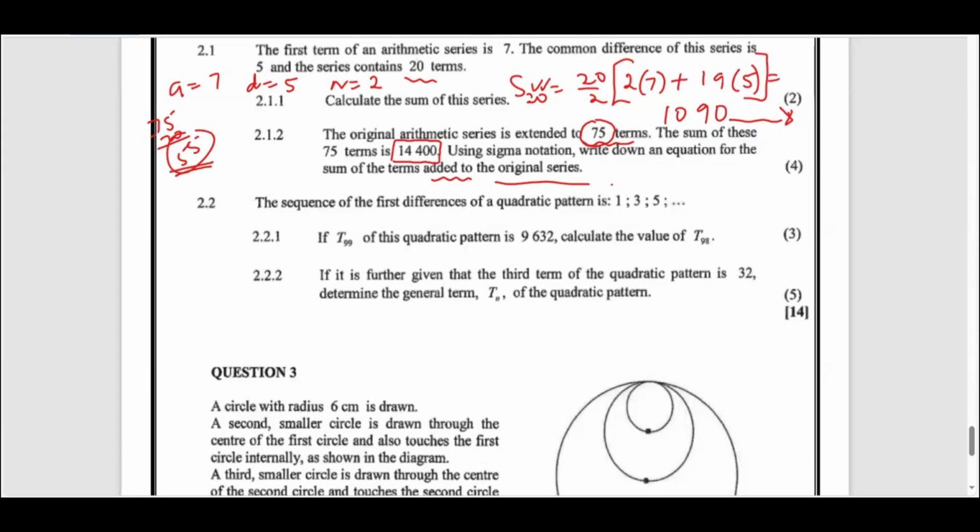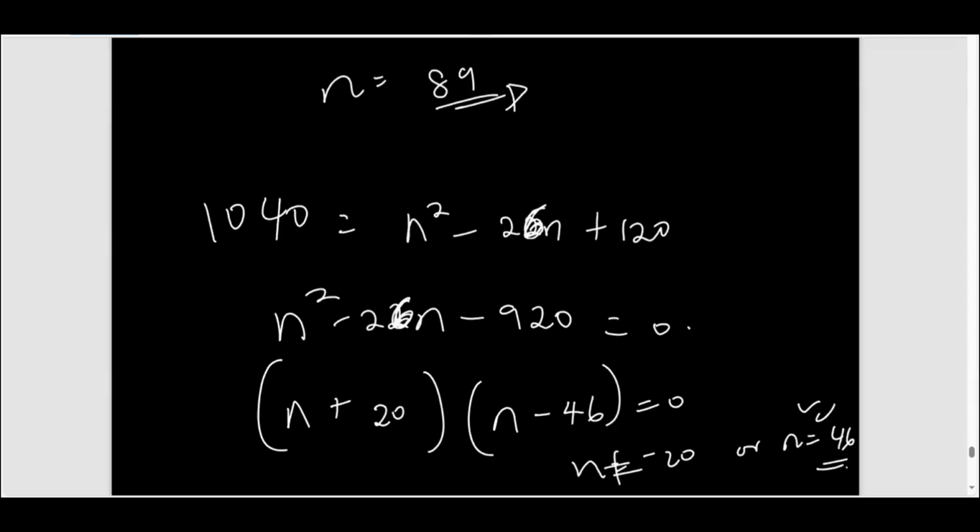Yeah? So the starting limit will be n is 21, the 21st term, and then we shall end at the 75th term. All right, what else do we know? We know that the first 20 terms sum to 1090. We just need to subtract this from 14,400.